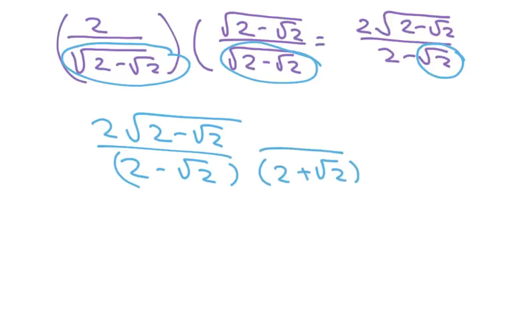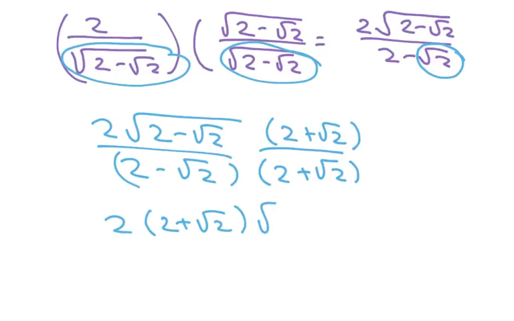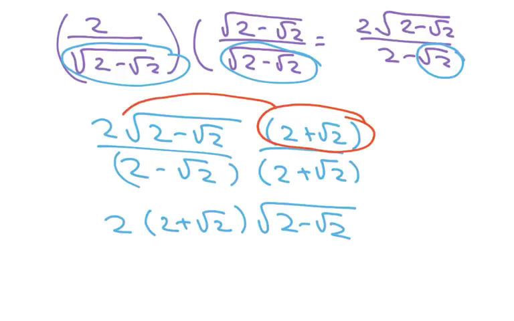Whatever we multiply the denominator by, we also have to multiply the numerator by. Now the numerator is just going to be easy. It's going to be 2 times 2 plus the square root of 2 times the square root of 2 minus square root of 2.